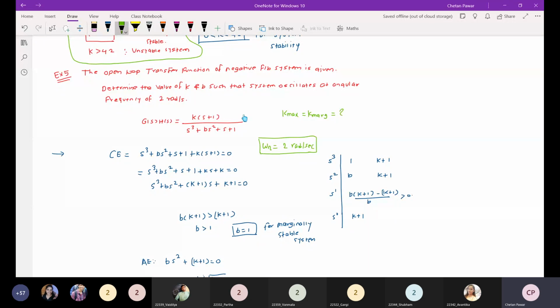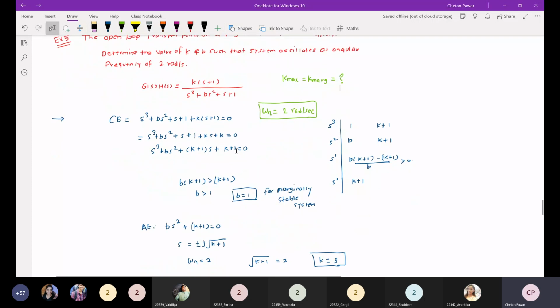What we have done first is form the characteristic equation, simplify it, and then use the Routh table here. Or you can apply the shortcut method in a competitive exam. So what is the shortcut method?